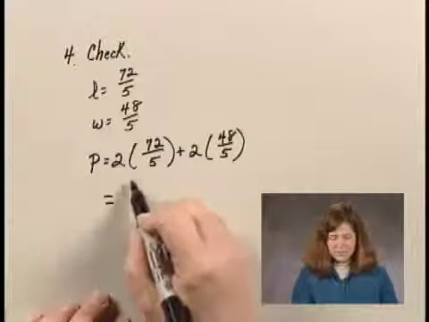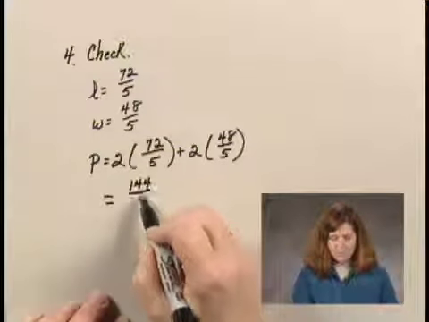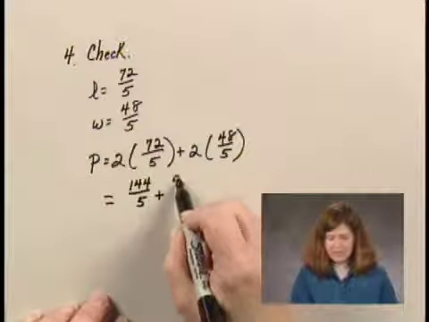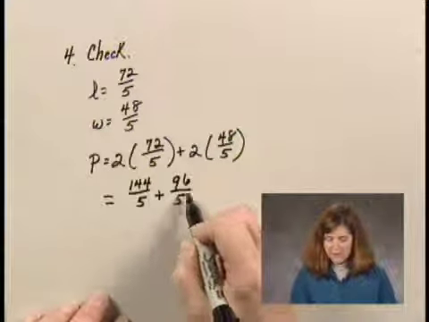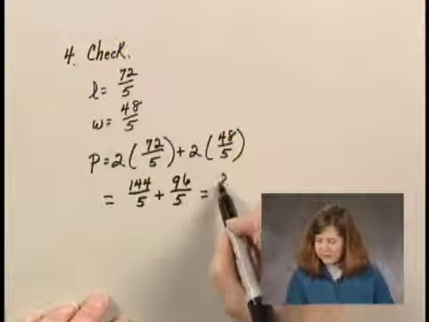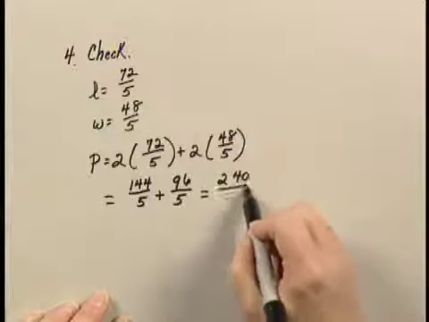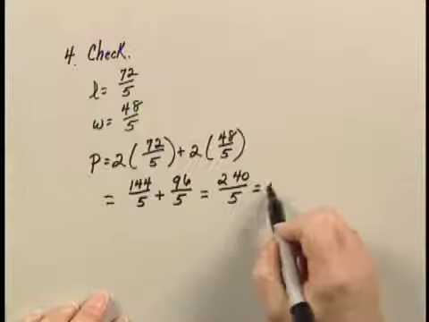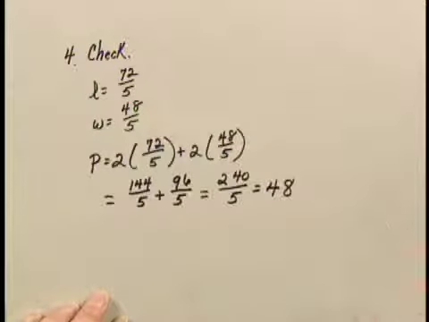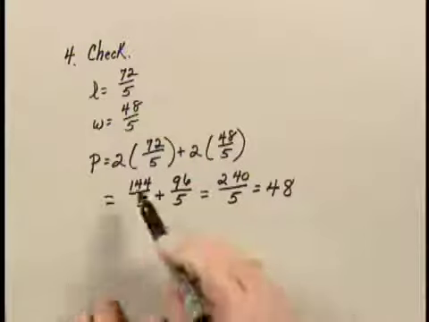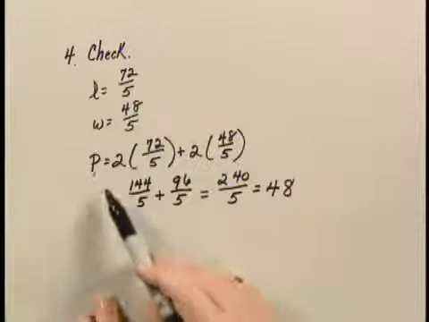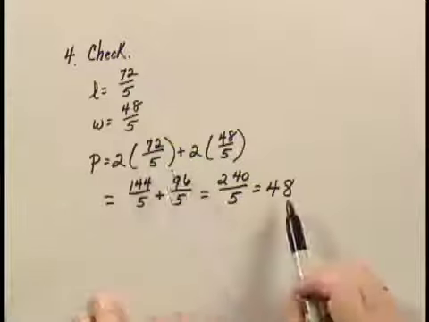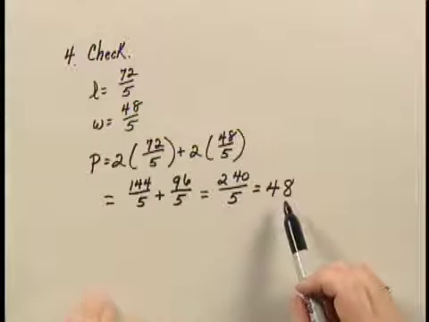Now multiplying, that gives us 144/5 plus 96/5. And if we add, that gives us 240/5, which is 48. Lots of work with fractions, but if you work carefully and follow the rules, you'll see that the perimeter of the room would then be 48 feet, so that would check.